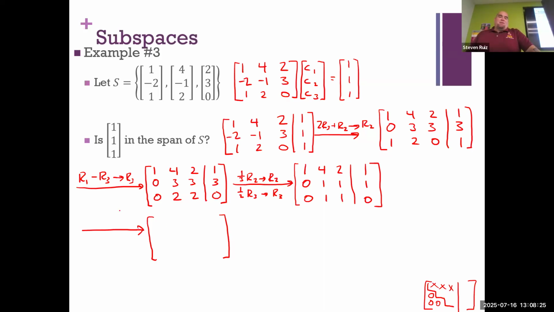So I have a suspicion that we just answered this question, but I think if we do this subtraction, we'll be absolutely sure. So row 2 minus row 3, put that back to row 3. 1, 4, 2, 1, 0, 1, 1, 1, 0, 0, 0, 1.